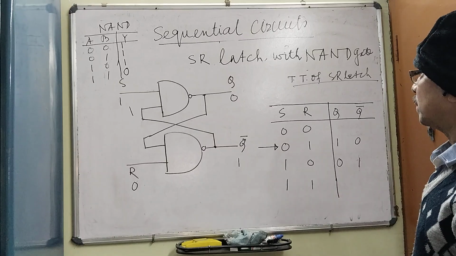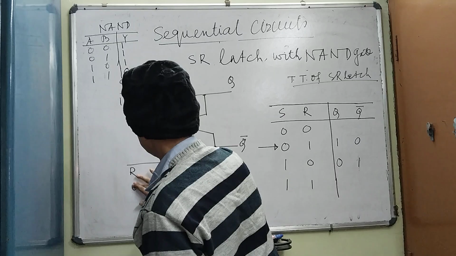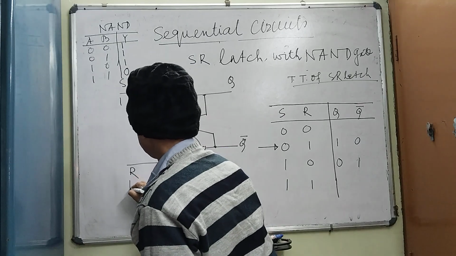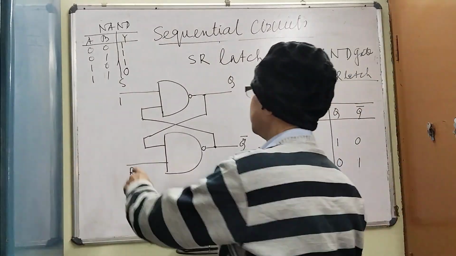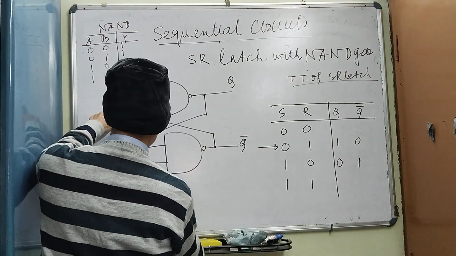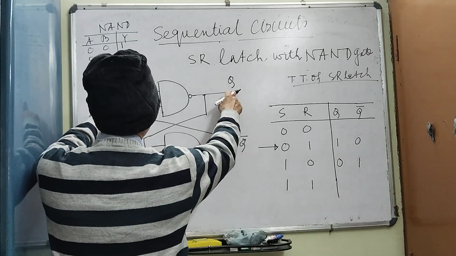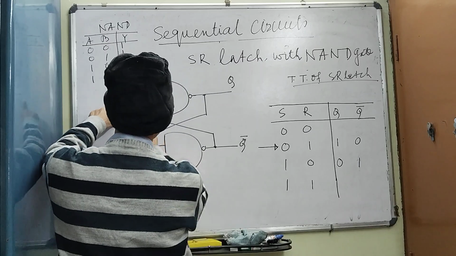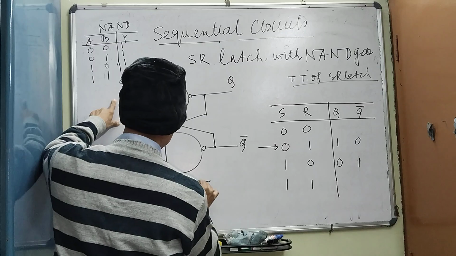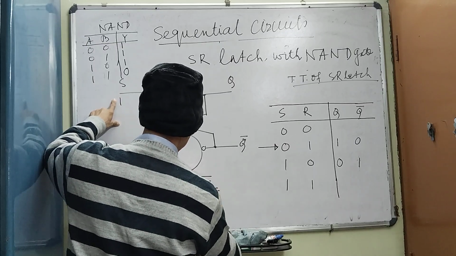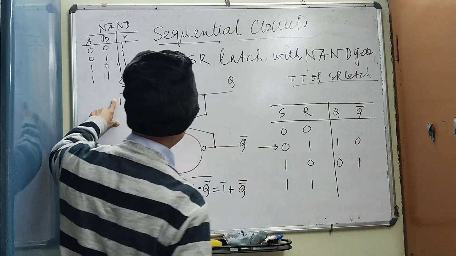But if both are 1, what will happen here? You check that. Both are 1. Then what will happen? For Q, we need 1 dot Q bar, the whole bar. By De Morgan's law, 1 bar plus Q bar bar.